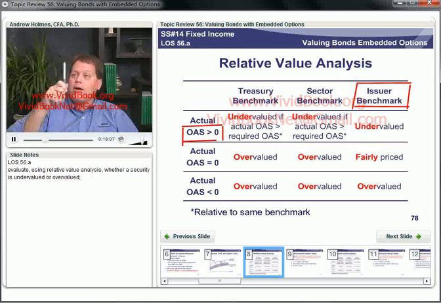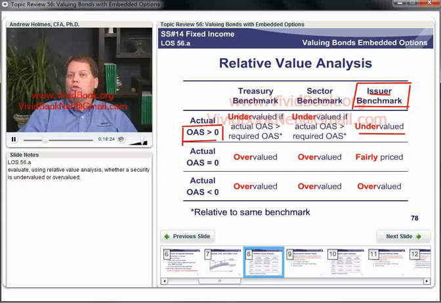So the higher the rate, the higher the spread, and the lower the value of the bond. So if we compare to an issuer benchmark and we can find a positive OAS, that's a bond that's offering too much return and therefore is undervalued. The rates are high, so it's undervalued.